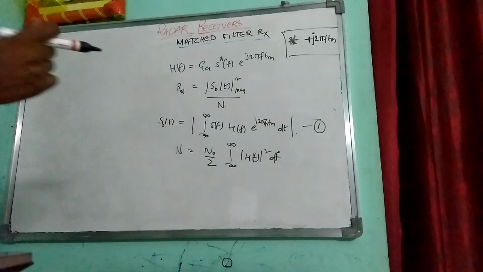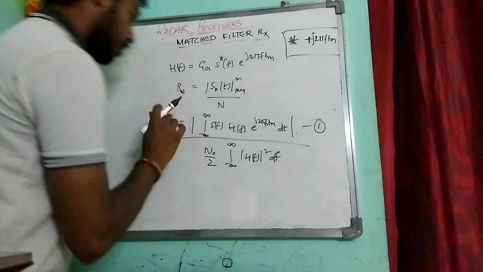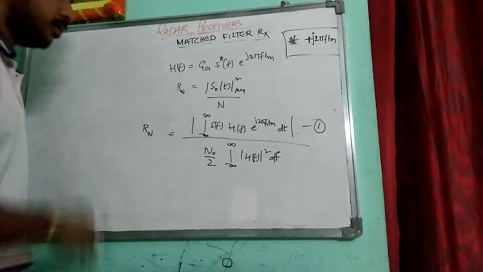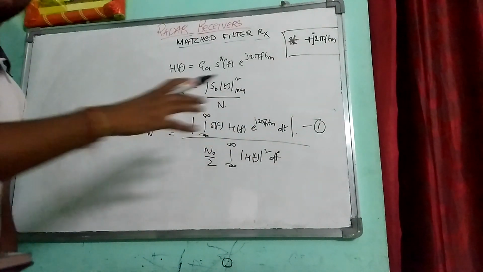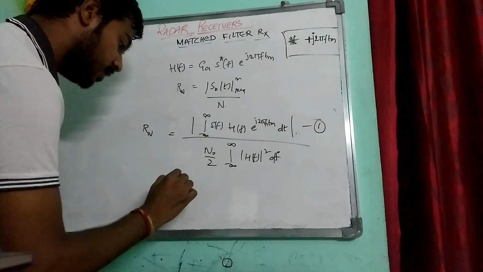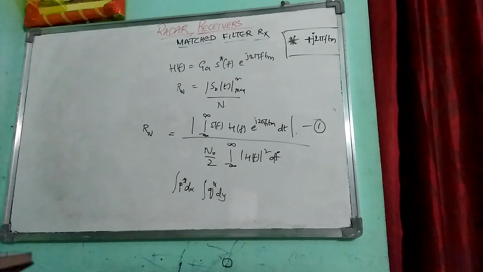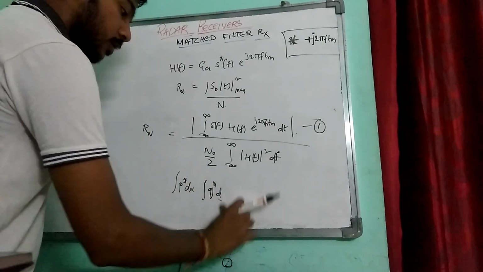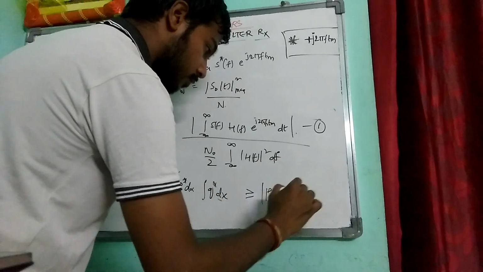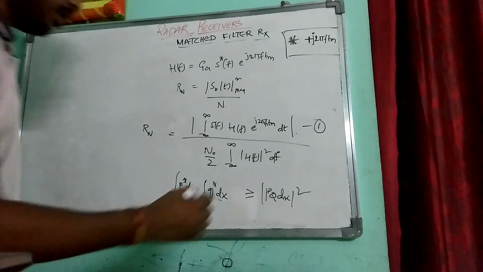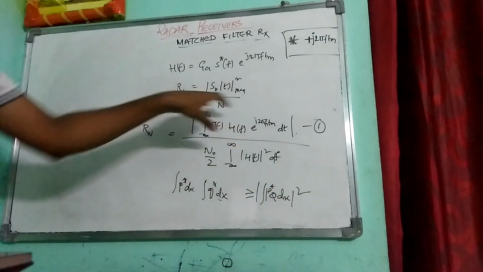Then after substituting, you will get the ratio equal to R. Now, by using the Schwarz inequality, we split these parts.